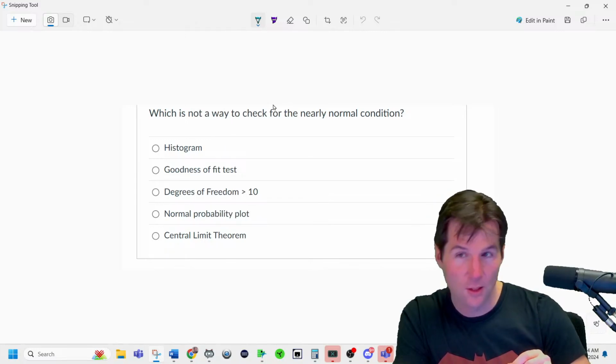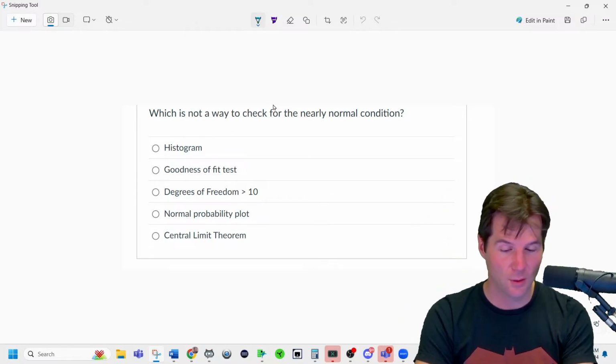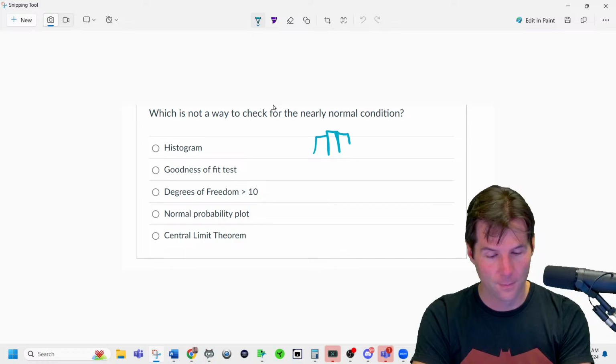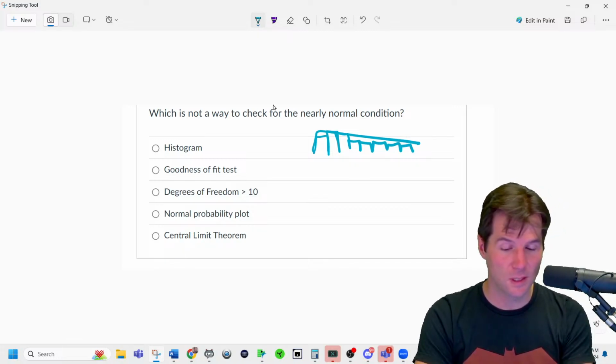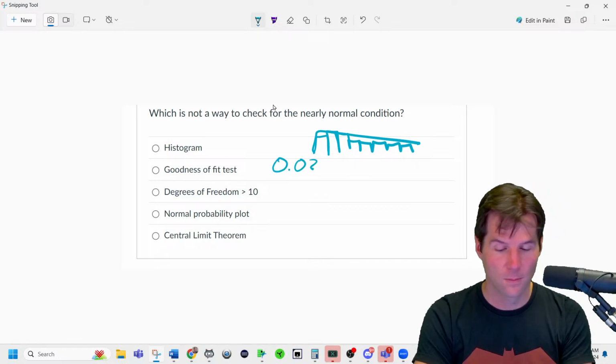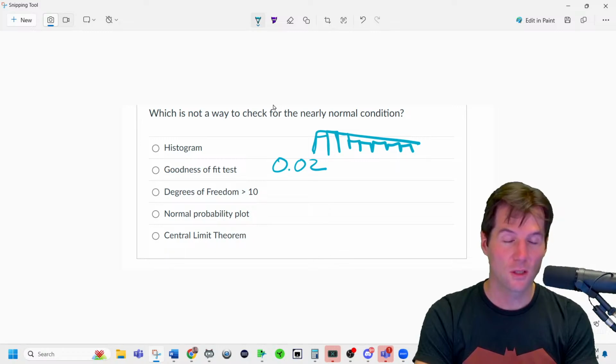Can you check the nearly normal by looking at a histogram? Can you check the nearly normal with a Shapiro-Wilk goodness of fit test? Can you check the nearly normal by seeing your degrees of freedom are greater than 10?